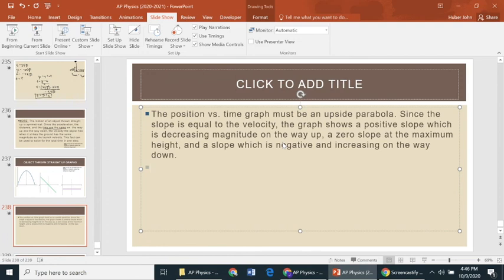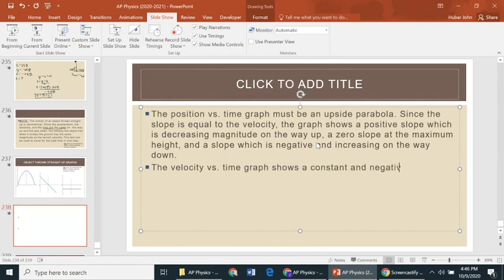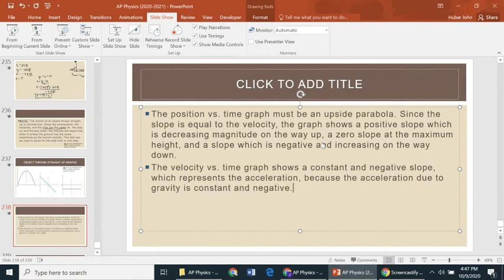We can say the velocity versus time graph shows a constant and negative slope, which represents the acceleration, because the acceleration due to gravity is constant and negative.